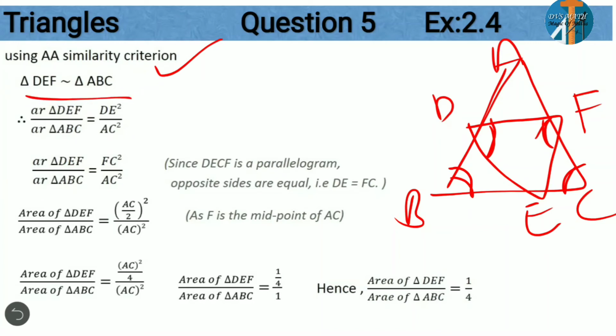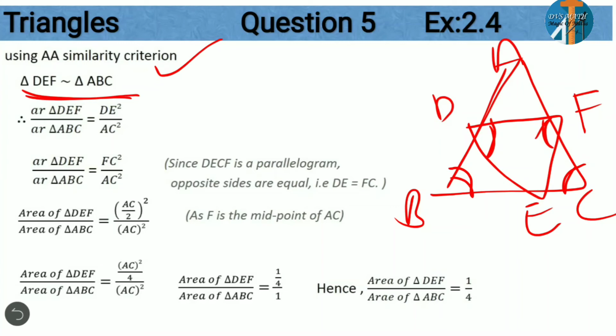Till here we are just proving that the two triangles are similar. Why? Because only if two triangles are similar can we take the ratio of their areas. So after proving triangle DEF is similar to triangle ABC, we can take their areas.